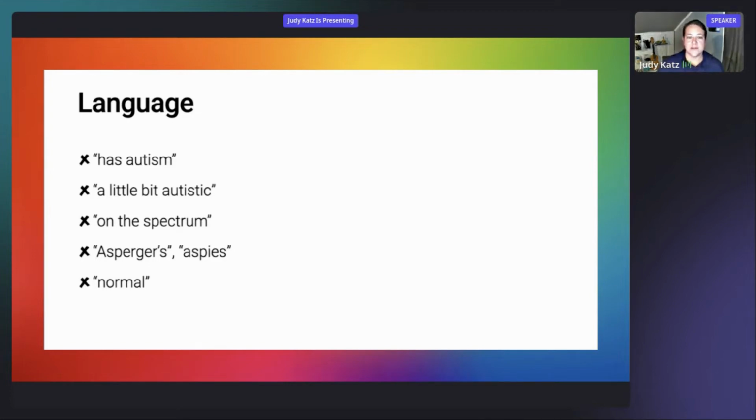But this is one of the things that, as autistic people, we automatically know. When somebody is writing an article or talking about autism or autistics, we automatically notice whether they're using person-first language or identity-first language.